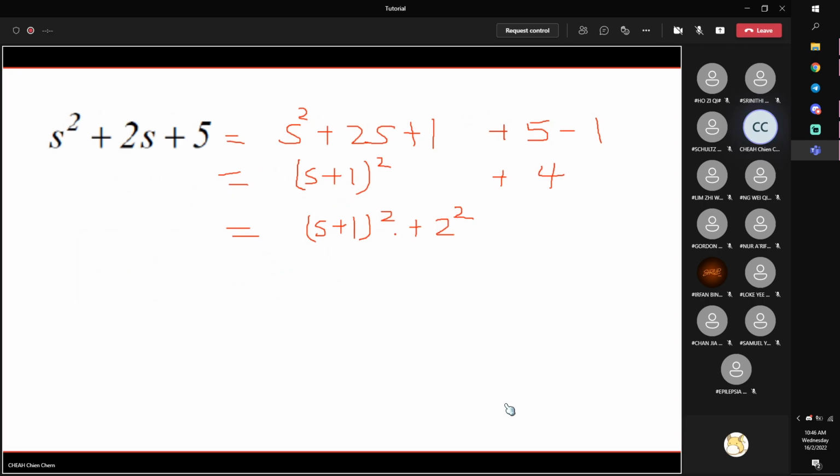If you look at this one, you can see that it's always positive. That actually means that you cannot find a real solution. In fact, you are more familiar with this: x squared plus 2x plus 5. It's actually the same, it's just that here we use s. Suppose that you have y equal to this.